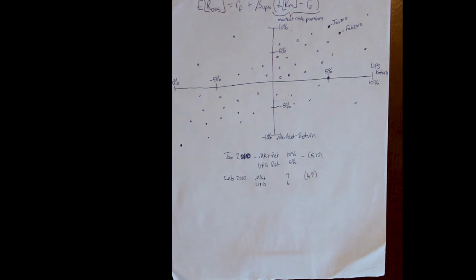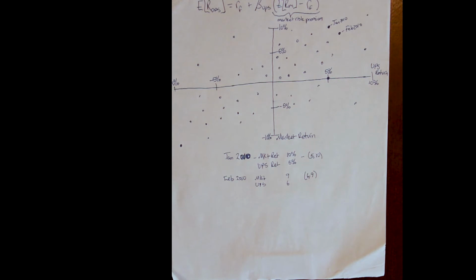Now, what we want to do is look at this graph, this series of plots, and try to understand if there's any relationship that can help us understand whether these two things move together. In other words, if the market return is high, is UPS's return also high? If the market return is high, is UPS's return low? Is there any kind of relationship that can help us predict how these two things should move together?